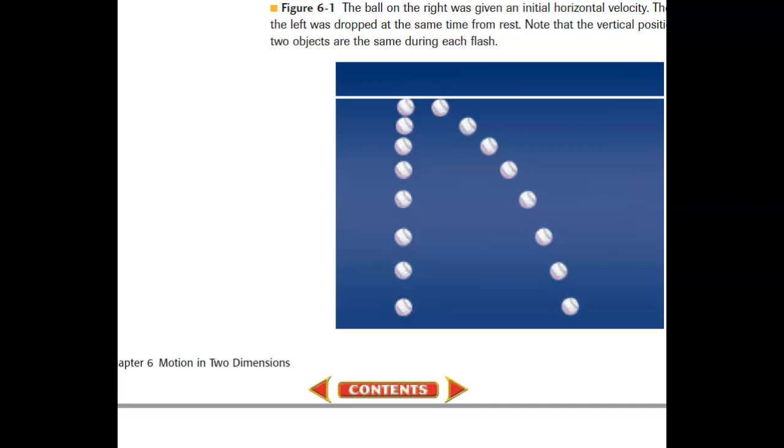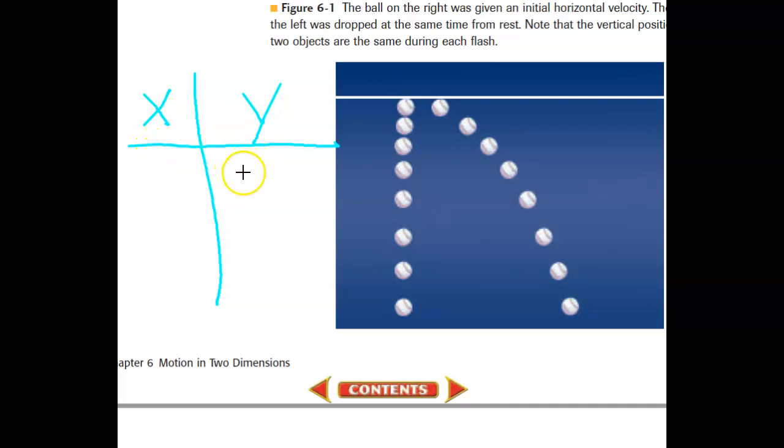There's two examples that they work through, but they work essentially the same way: you have to break things up into horizontal and vertical motion. Once you have everything broken up, then you solve just like you would with any one-dimensional situation.